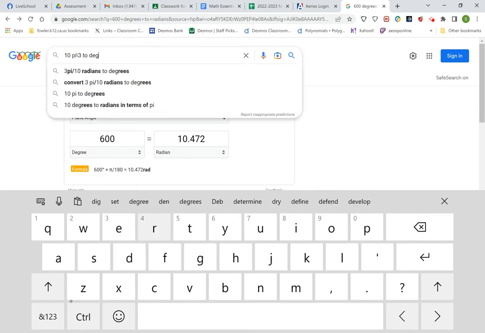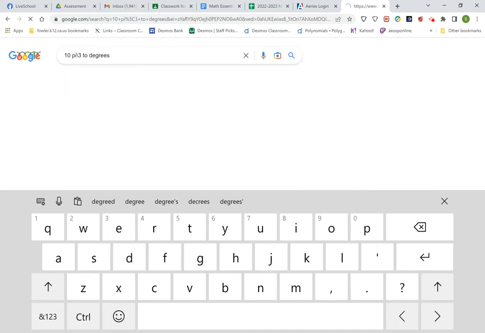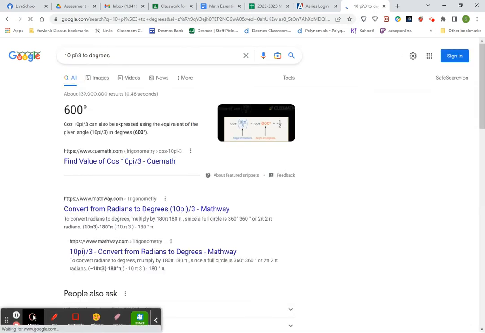Okay, let's see what it says. Oh, right there, it tells you 10 pi over 3 radians is 600 degrees. Okay, so pretty much the same.